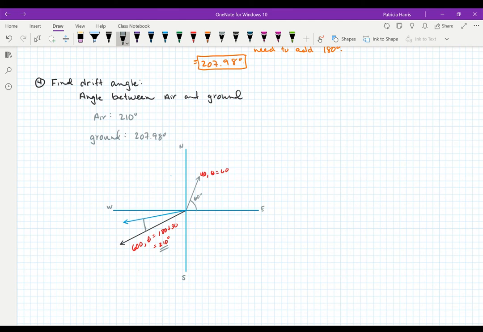So what do you think we have to do to find that angle? Subtract. 210 minus 207.98, so we will get 2.02.